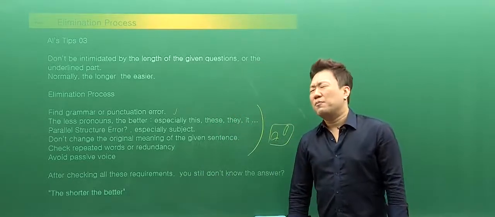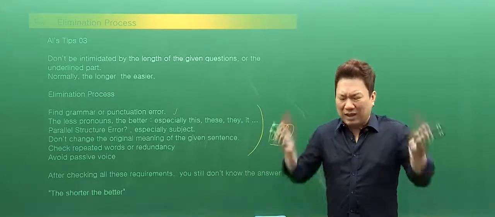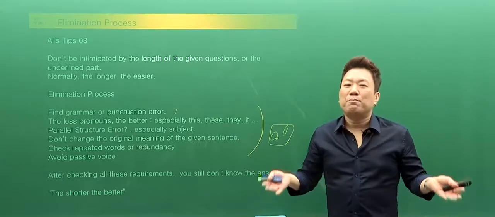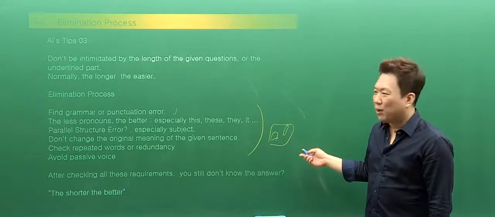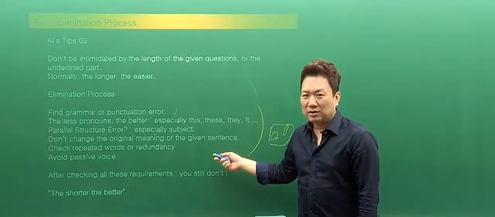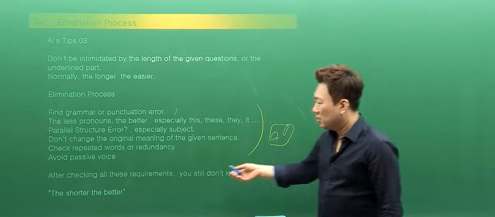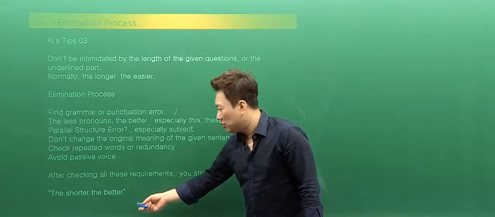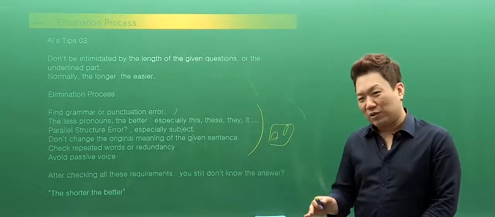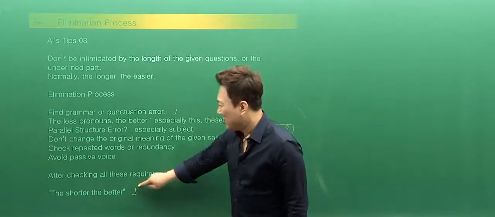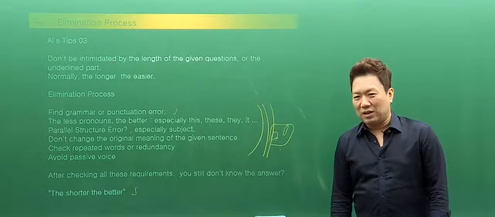So if you really don't know the answer, not from the beginning, no. But when you eliminate some of the answer choices using the elimination process, and there are remaining answers, then if you really don't know, the shorter the better. However, I strongly encourage you not to use this strategy. Just find the answer by using the elimination process, okay?